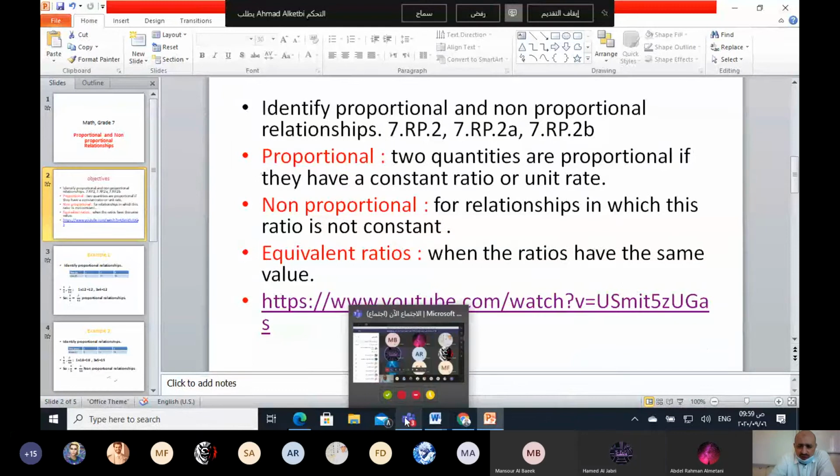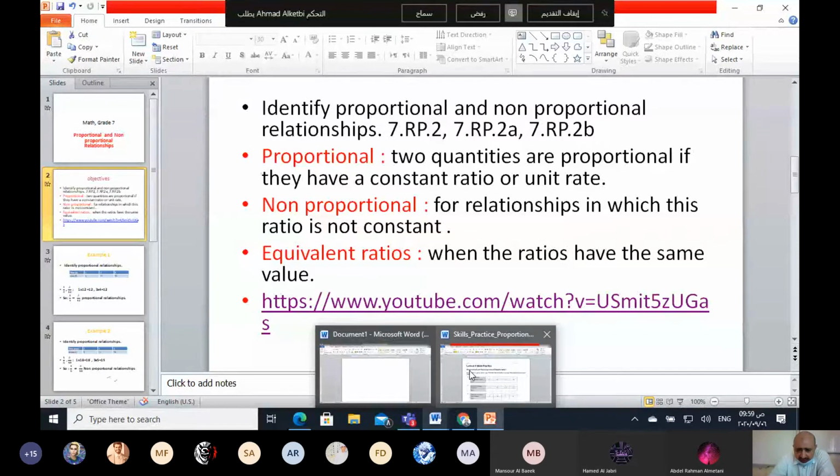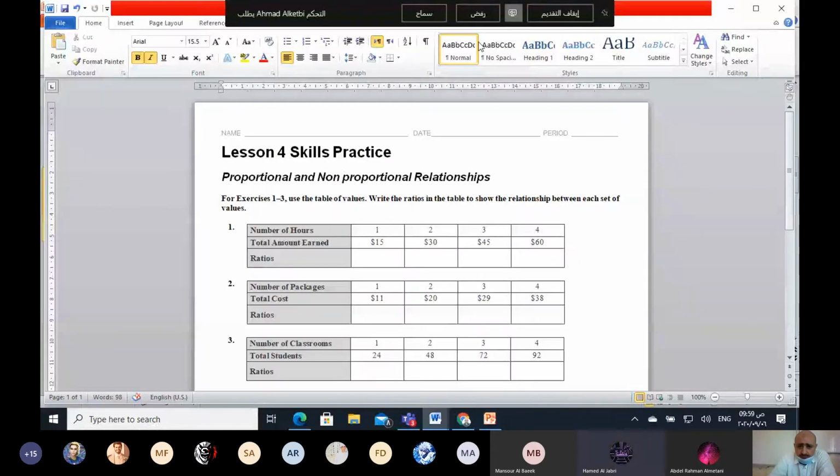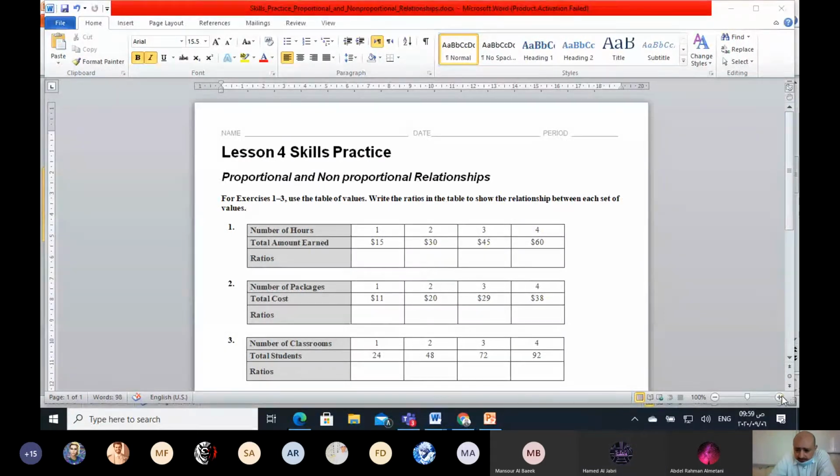No. Okay, let us do some exercise now. Look at this table. Inside this table, we have many ratios.